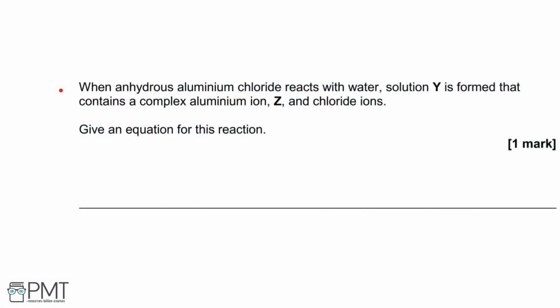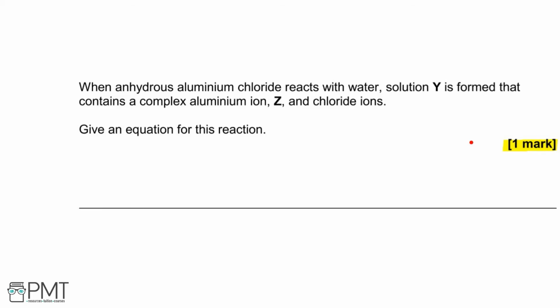When anhydrous aluminium chloride reacts with water, solution Y is formed that contains a complex aluminium ion Z and chloride ions. Give an equation for this reaction. This is worth 1 mark. So we just need to give the reaction, and that will be worth that 1 mark.